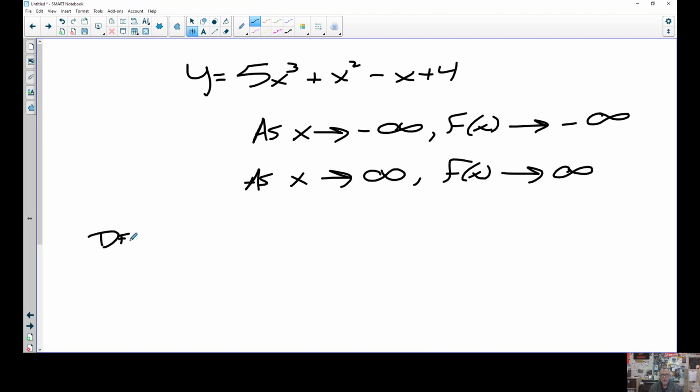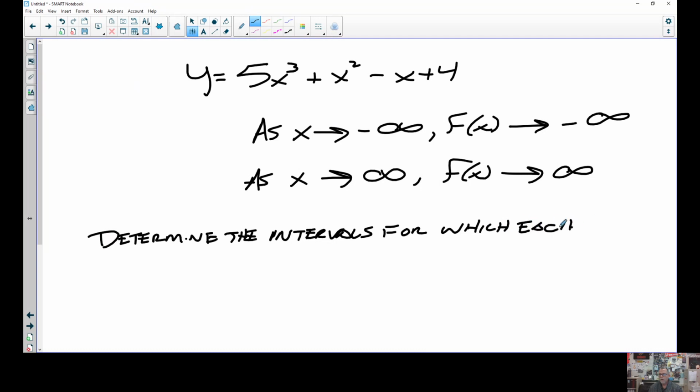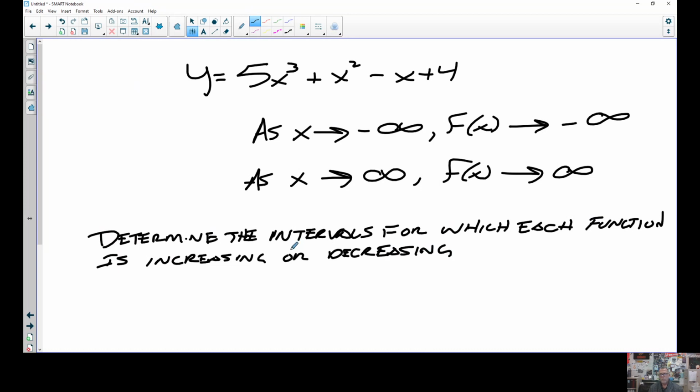So the next thing they're going to ask you on these, we'll do the same questions: determine the intervals for which each function is increasing or decreasing. Now we're going to have to go back to our graphs.